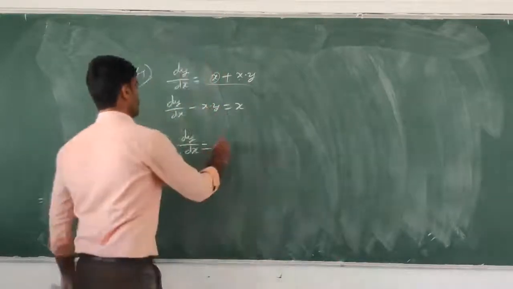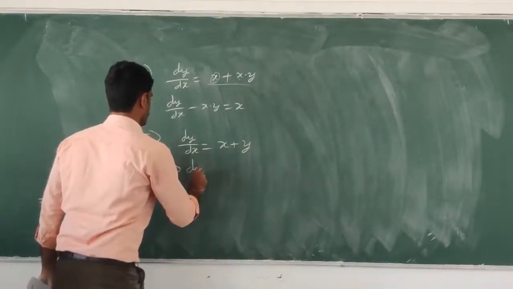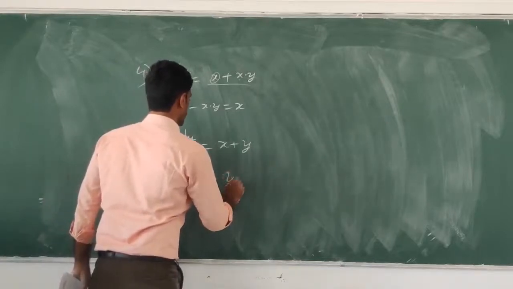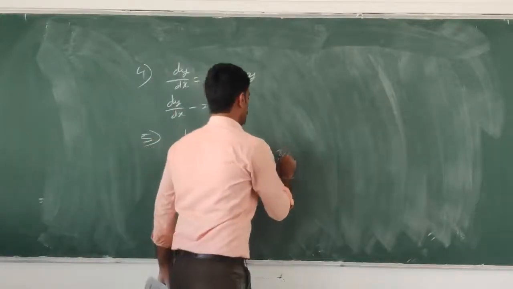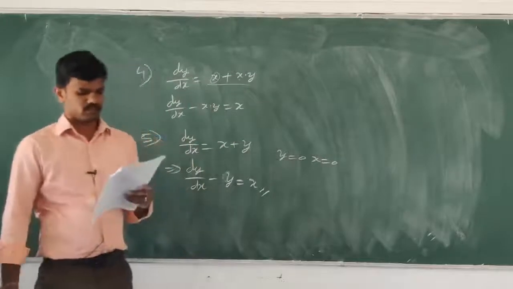So dy/dx is equal to x plus y. This implies we can write dy/dx minus y is equal to x, and you solve it. Here y is equal to 0 and x is equal to 0. This is the initial condition.